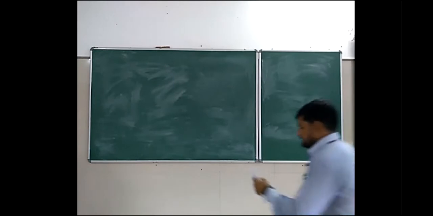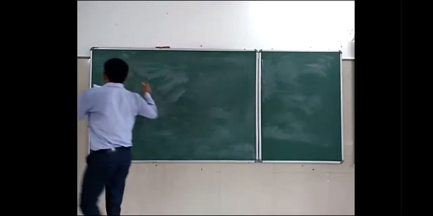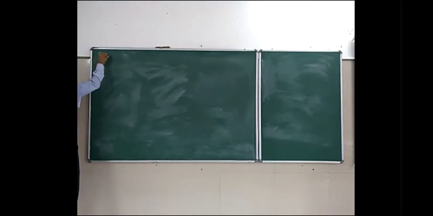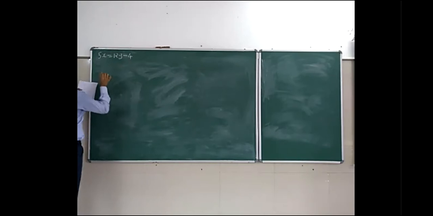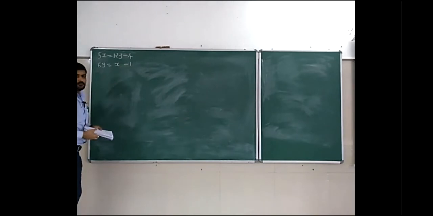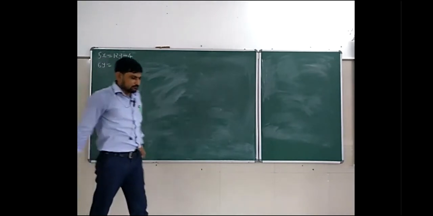So let's start the solution of this question. In this particular question, you are given first 5x equal to 12y minus 4. And another equation you are given, 6y equal to x minus 1. Now recall my condition.